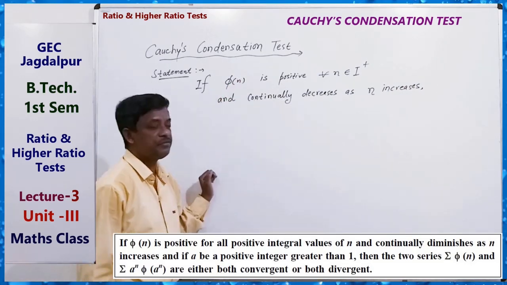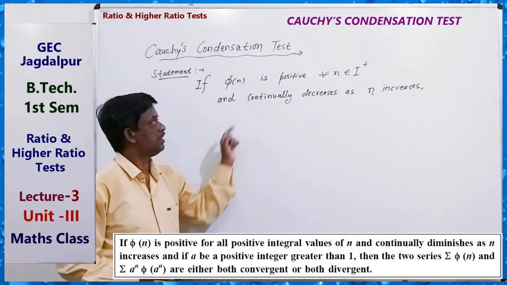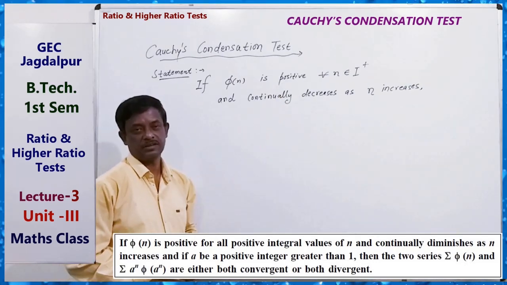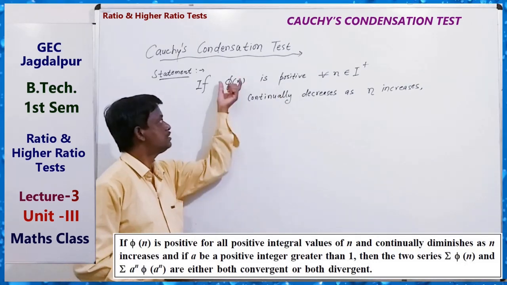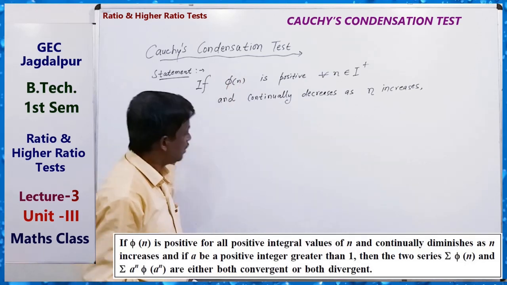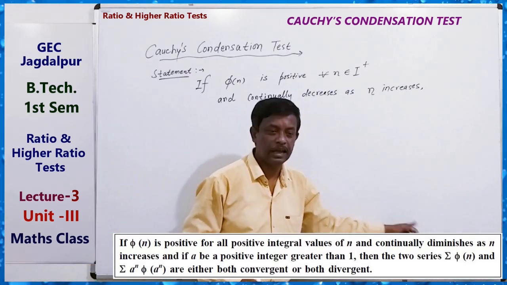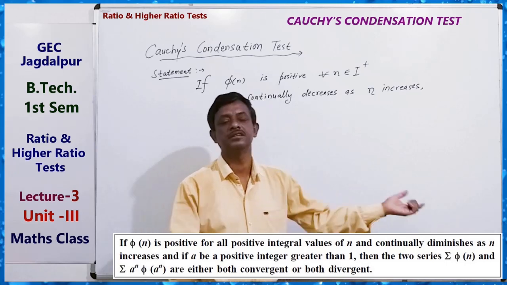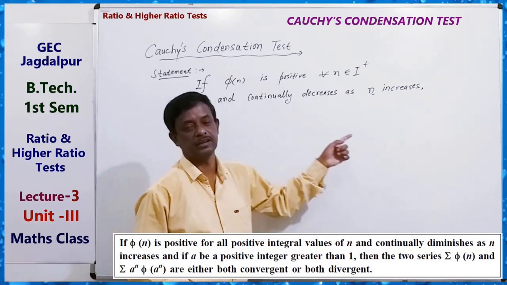Means phi n is a function of n where n is a positive integer. This phi n continually decreases as n increases. It is a decreasing function as n increases.